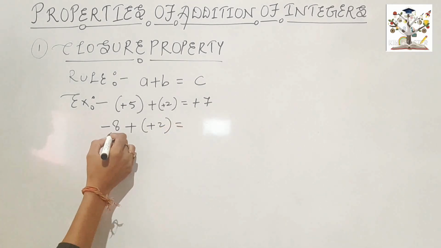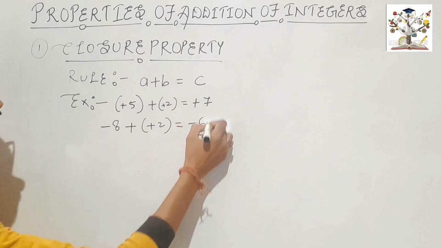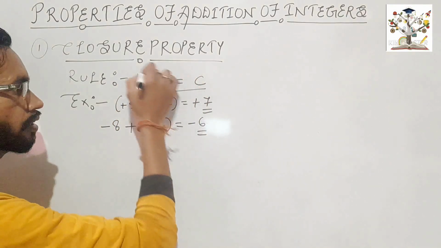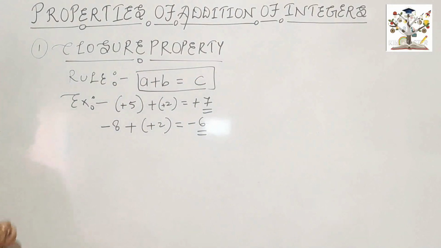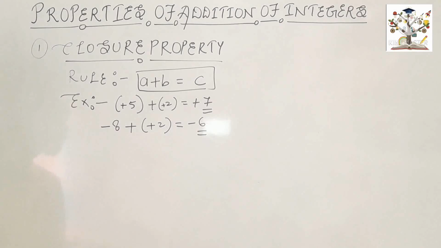What will I get? From minus 5, this plus 2 will be subtracted, so I will get minus 3. That means in both examples, we have understood that during the addition of any two integers, we get a new integer. That is the rule for closure property.